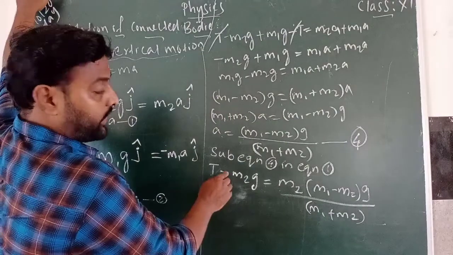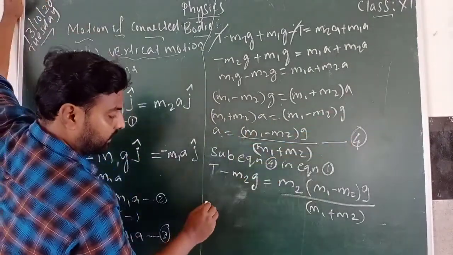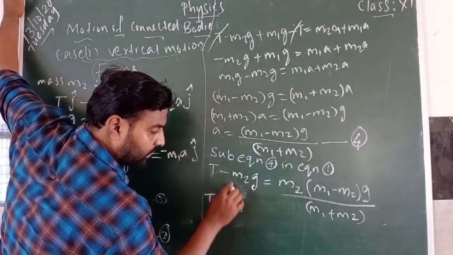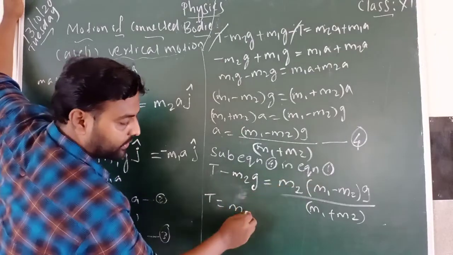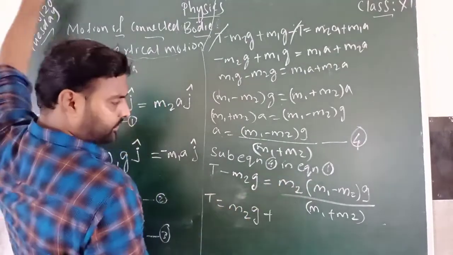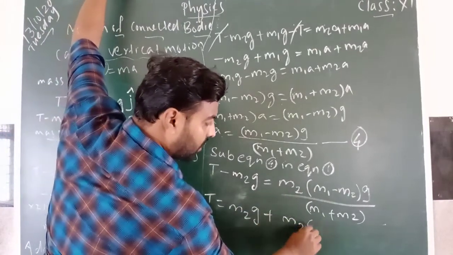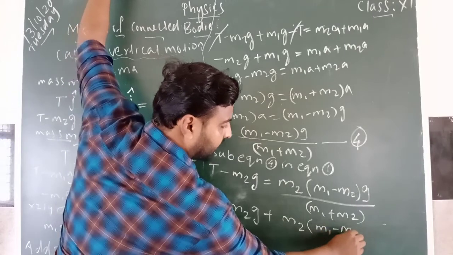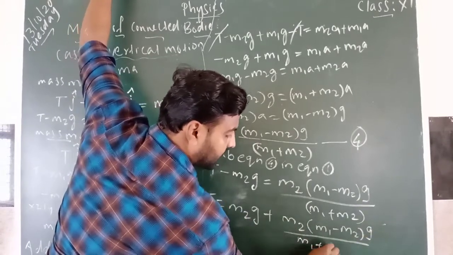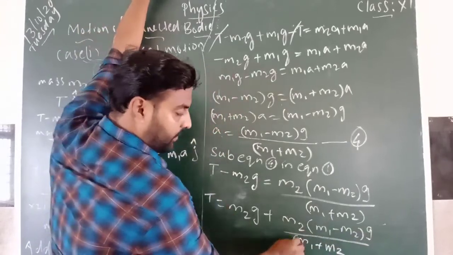Now we have to find out T, so take this minus M2G to that side. So T is equal to plus M2G, then take this M2 into M1 minus M2 into G by M1 plus M2. Now take the LCM.